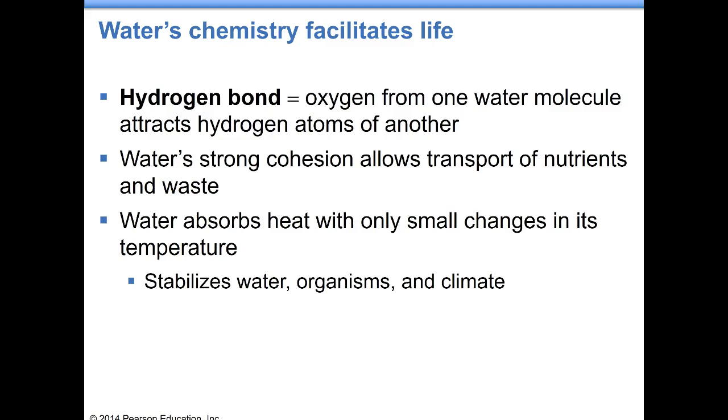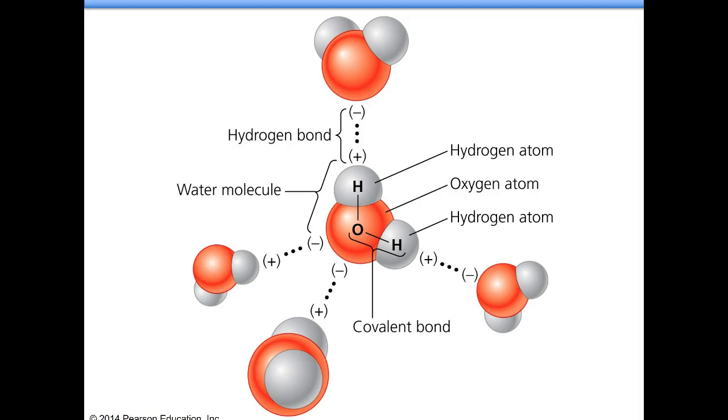So it can hold this heat with very small changes in temperature, to stabilize the systems and the organisms that live within the water, and helps to regulate the climate. So water is very essential to our being alive and being here.